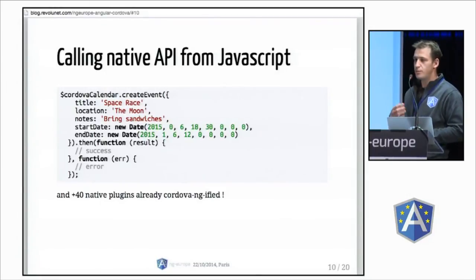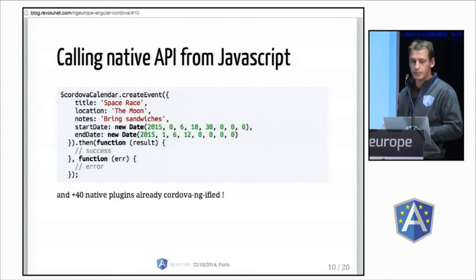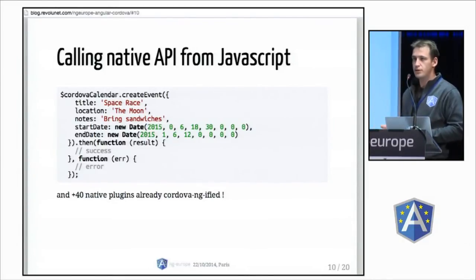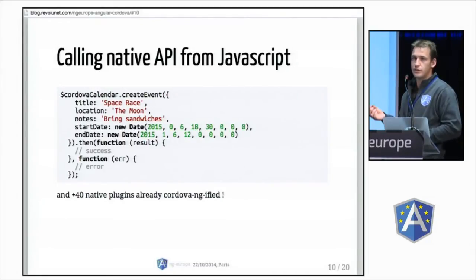There are already more than 40 plugins available to talk to your device APIs, like barcode scanner, Facebook integration, contacts, and more. But there's more. Thanks to ngCordova, we can also take advantage of the Angular dependency injection system to mock the calls to Cordova during development or for unit testing.